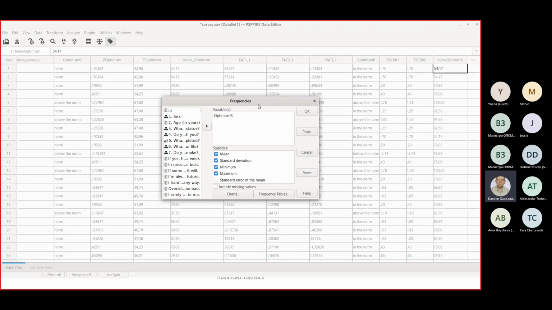And here we already have used this analysis.